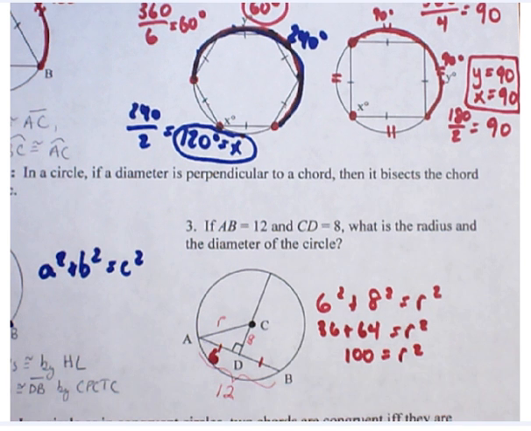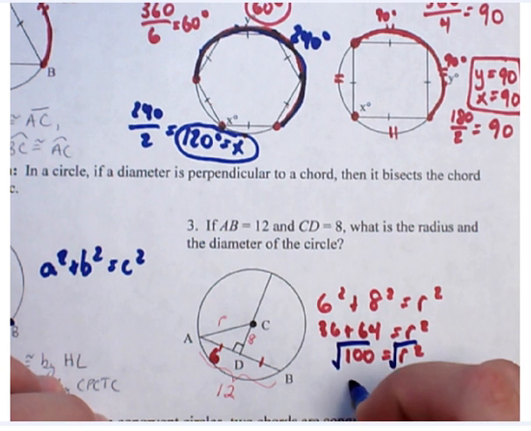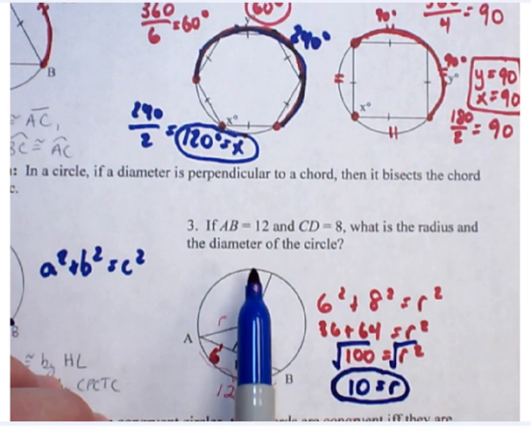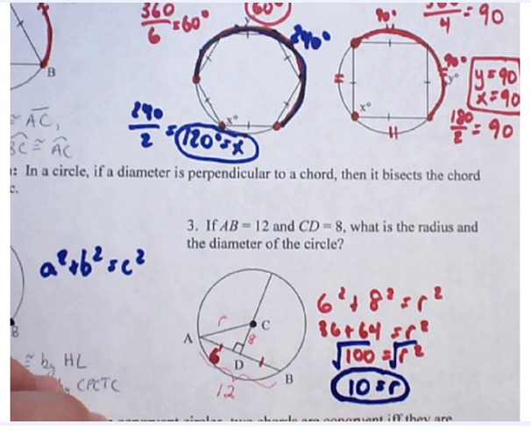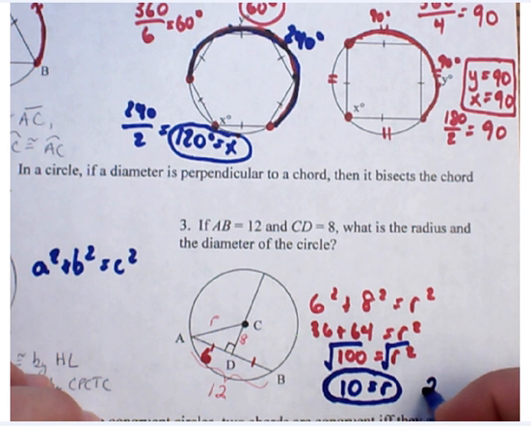The last step to solving this equation, to undo a square, you have to square root both sides. So 10 equals R. Now 10 is the radius. They also ask for the diameter of the circle. Well, take the radius and double it, and you get the diameter. So 20 equals D.